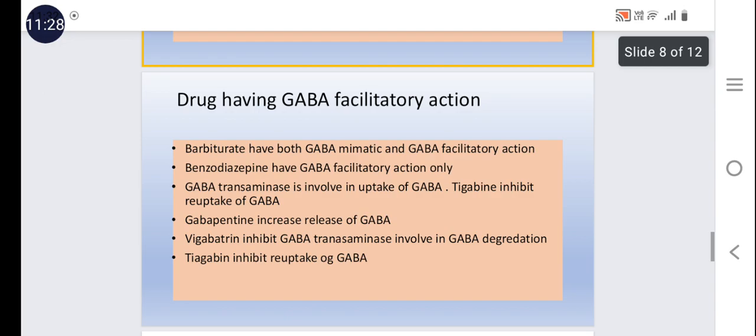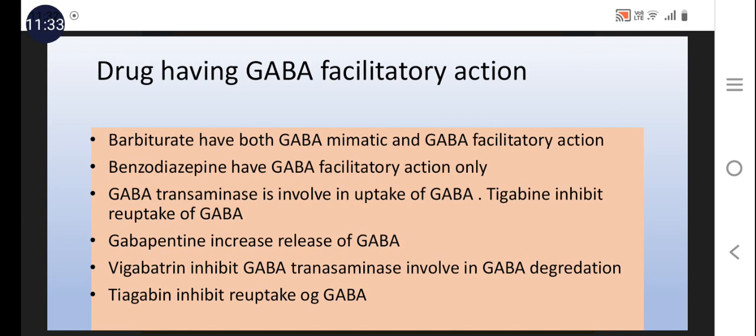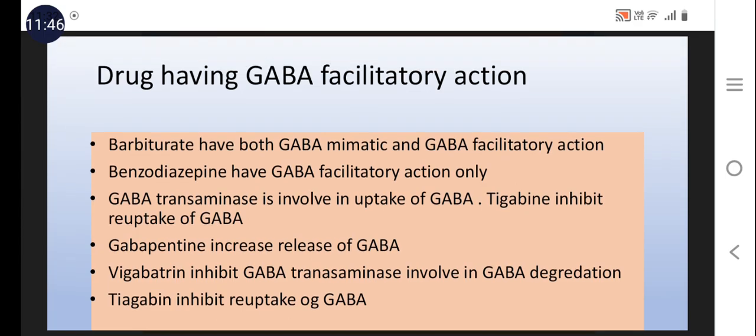Then next are drugs with a GABA facilitatory action. Drugs with GABA facilitatory action involve barbiturate, benzodiazepine, then gabapentin, then tiagabine, then vigabatrin. Barbiturate, as we discussed, acts on the alpha beta interface of the GABA A receptor.